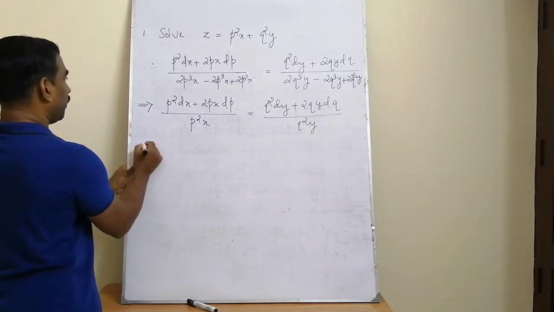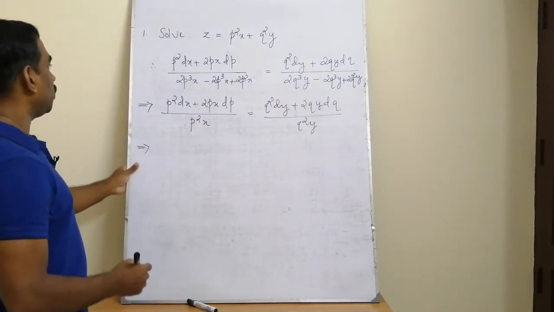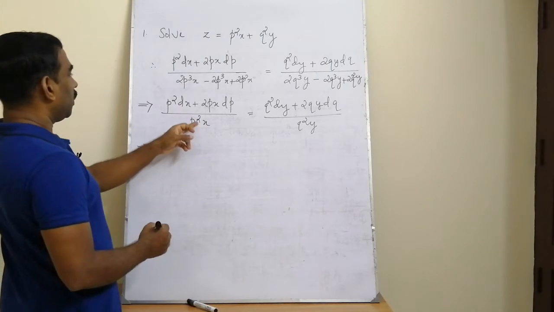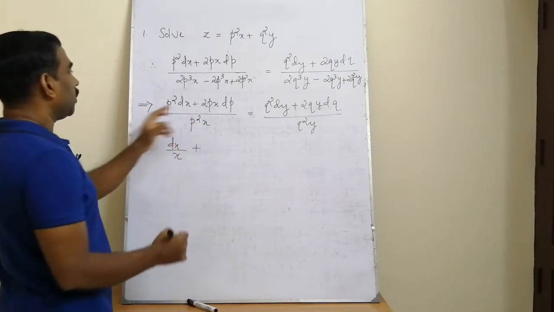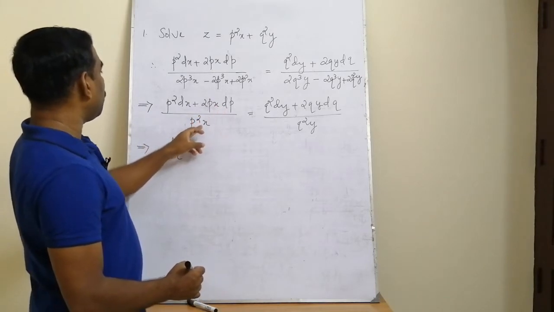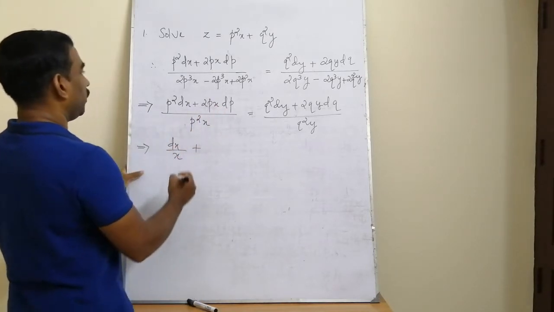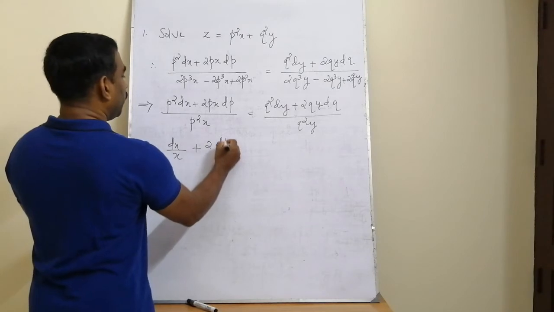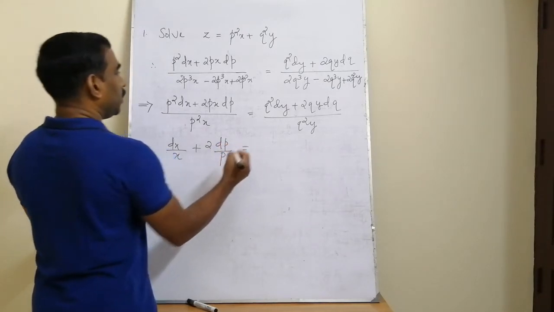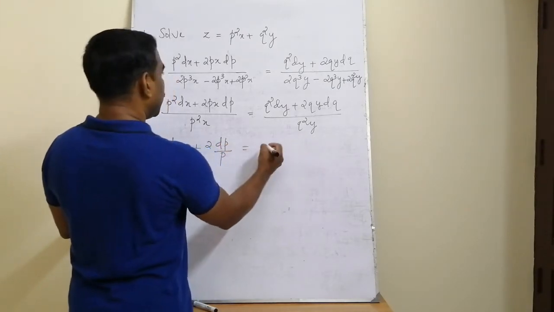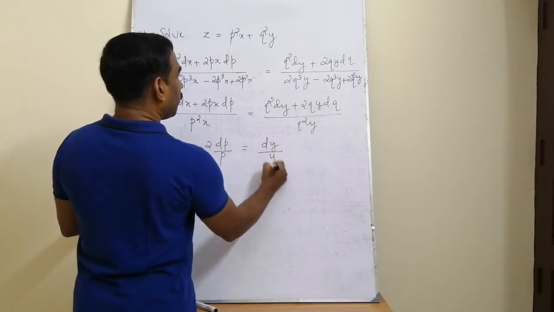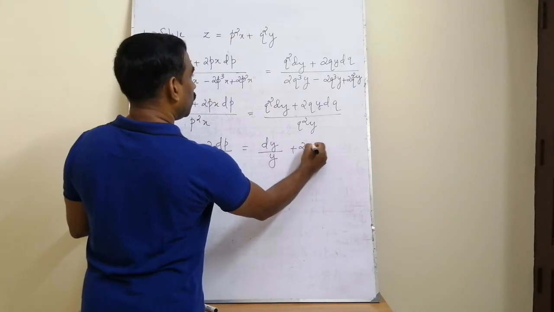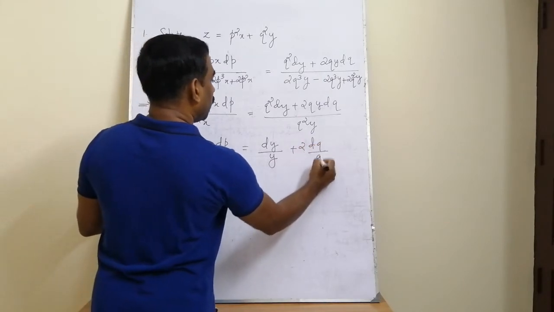This on further simplification, we can split it into two ratios: p square dx divided by p square x, that is dx by x, plus 2px dp divided by p square x, cancelling one px, we have 2 dp divided by p, is equal to, similarly for the right hand side, dy divided by y plus 2 dq divided by q.